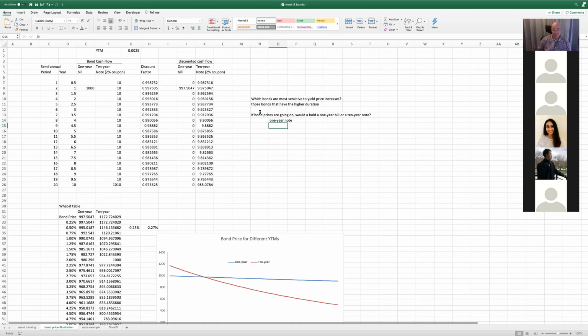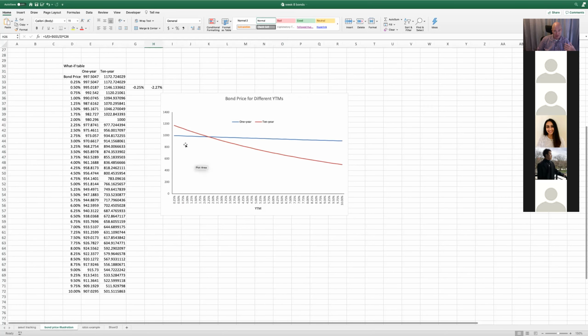Okay. All right. So the longer you hold the bond, the more risk you have relative to yield changes. Again, it's just a matter that we're discounting those or taking them to a power the further out we go. And again, you see this relationship right here.